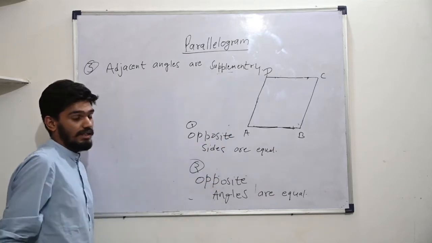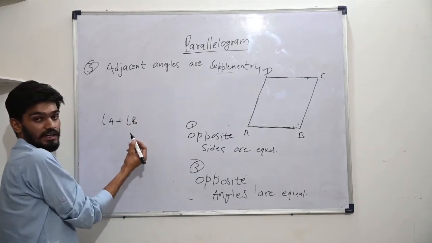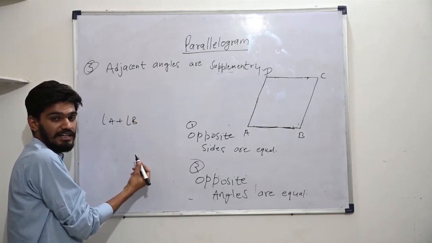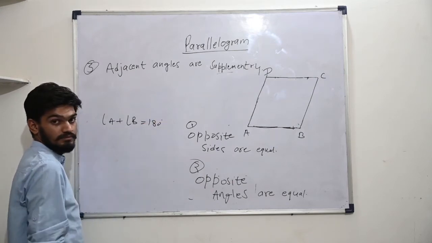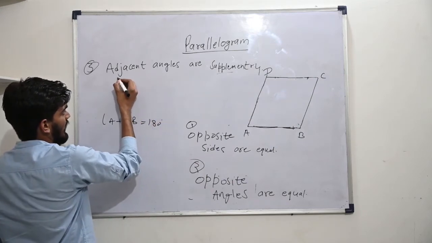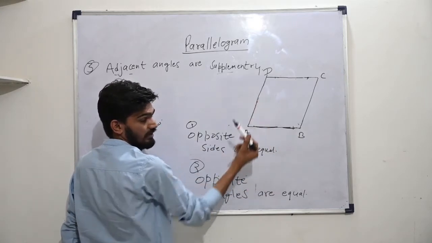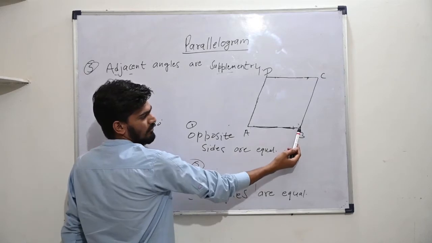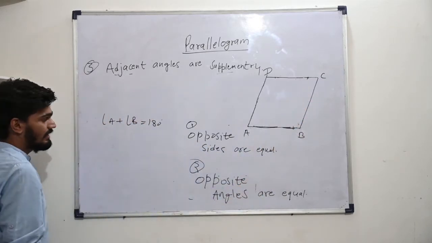Supplementary means, let's say two angles A and B. So A and B will be called supplementary angles if their sum is equal to 180 degrees. Alright. And adjacent angles are like A and B, A and D. They will be adjacent angles. If I talk about B, then B and A, B and C, they will be adjacent angles.